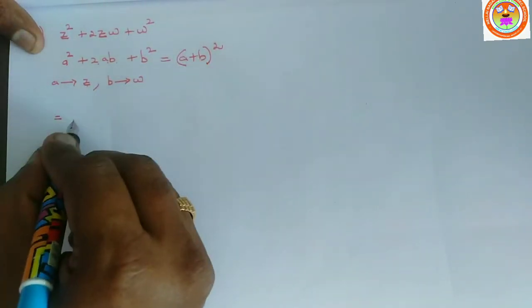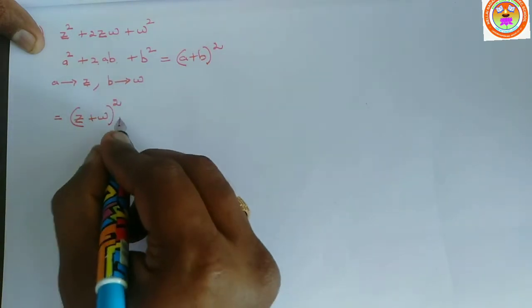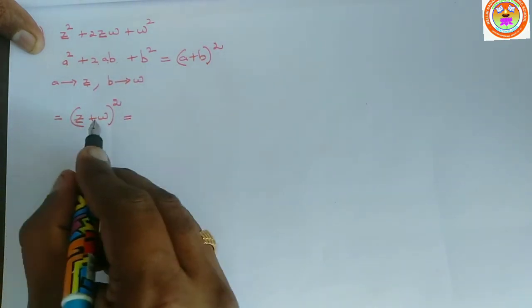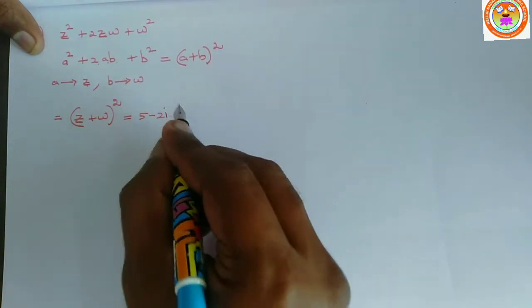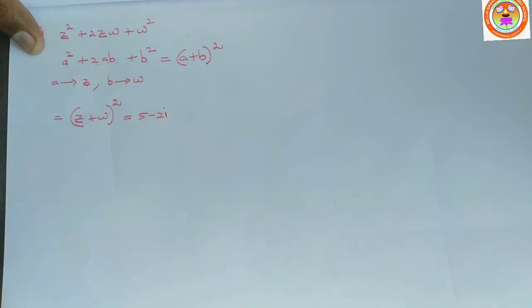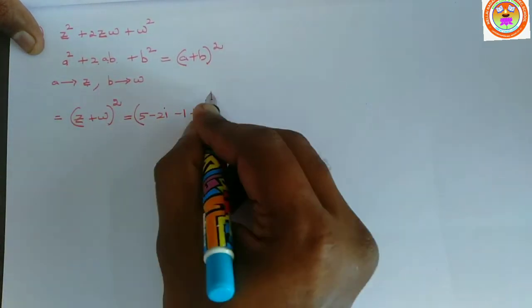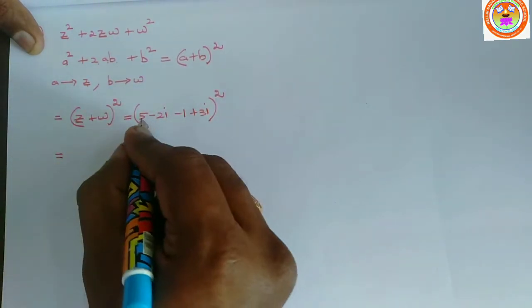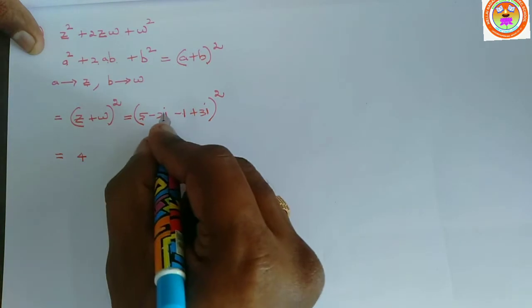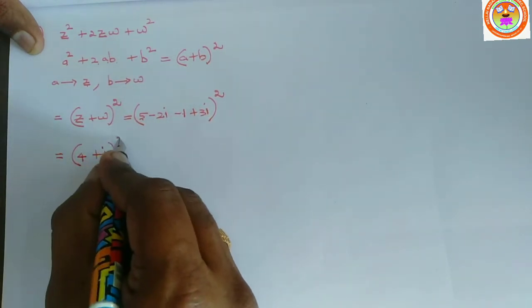So z plus w the whole square. Now we can add z and w. What is z here? 5 minus 2i plus w, which is minus 1 plus 3i, whole square. So z plus w, what is the answer? 5 minus 1 is 4, minus 2i plus 3i is i. 4 plus i the whole square.